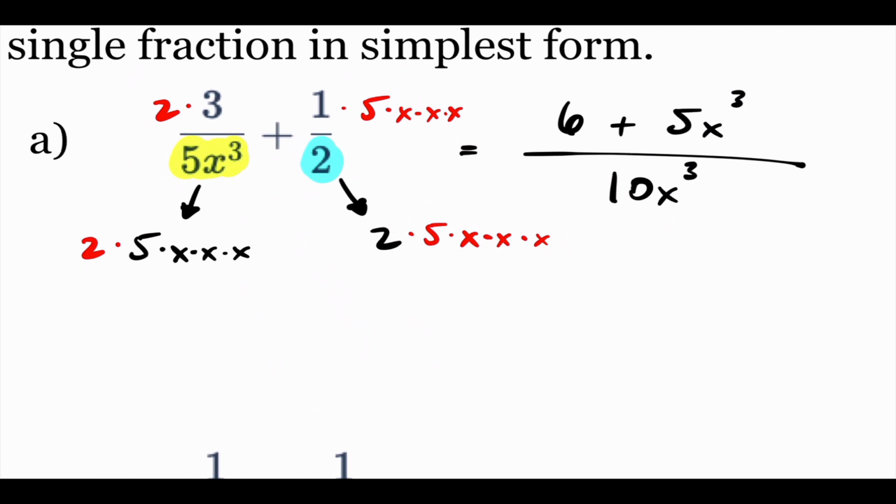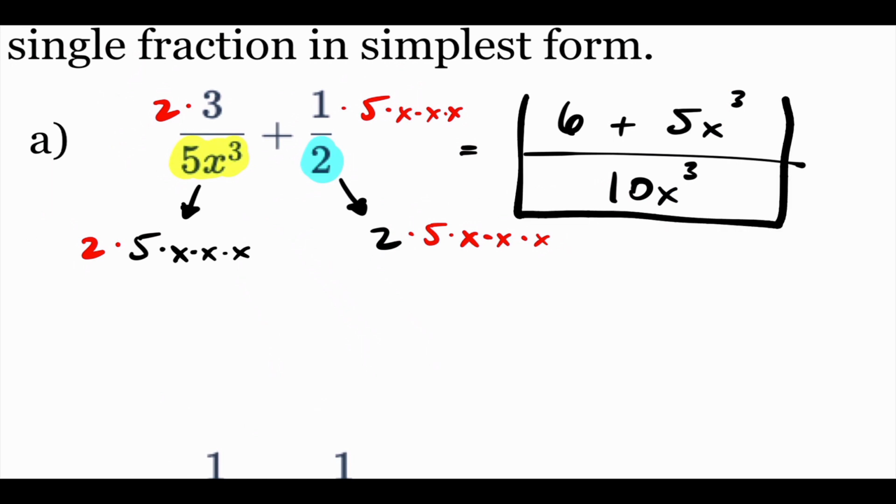The top is not. The top is a binomial, right? It's got a connector. Connectors are pluses and minuses. Because of that plus, it's a binomial. Now, if it was like that, go for it. They're both monomials. But that's not the case. So we can't cancel anything out here.